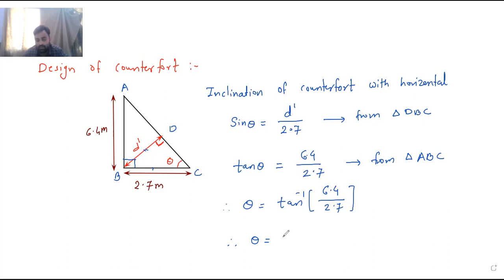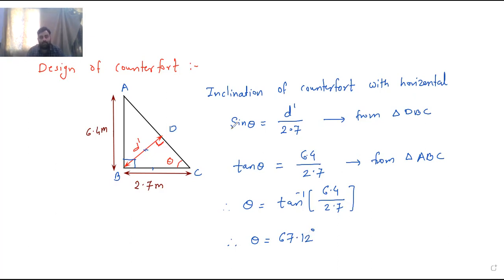If you calculate, I will calculate that value now: 6.4 divided by 2.7, shift, then tan inverse of the answer, it is 67.12. So it is 67.12 degrees.